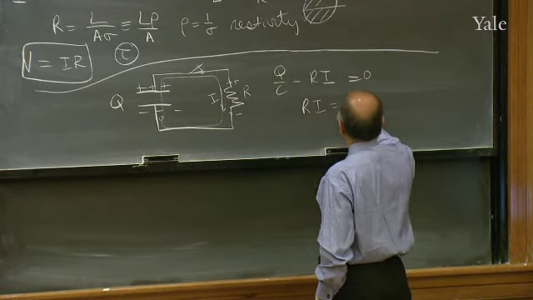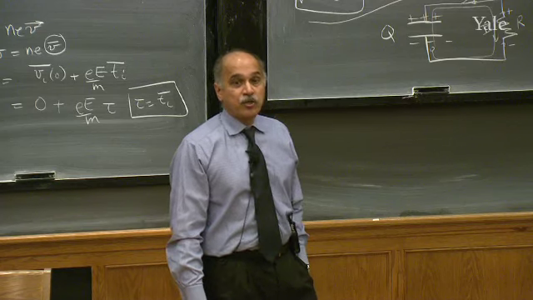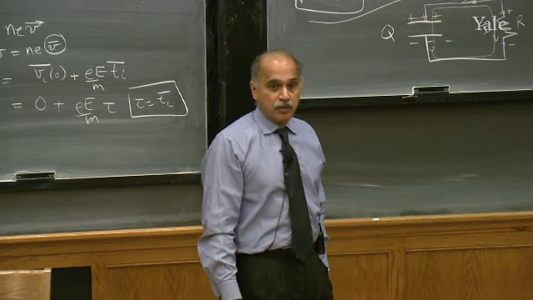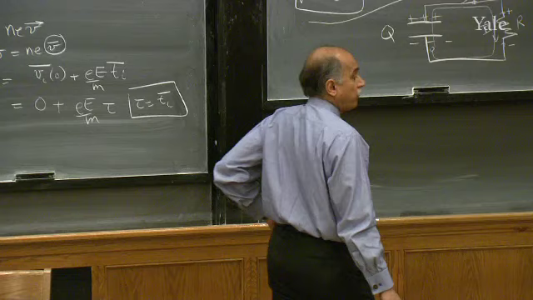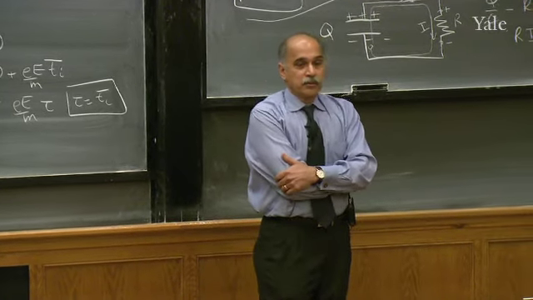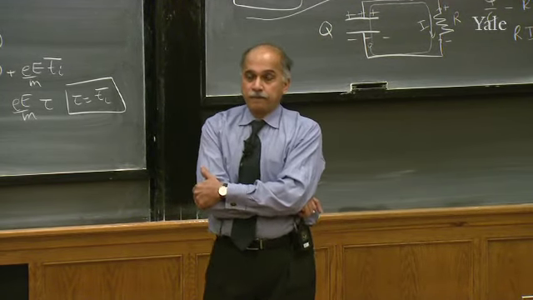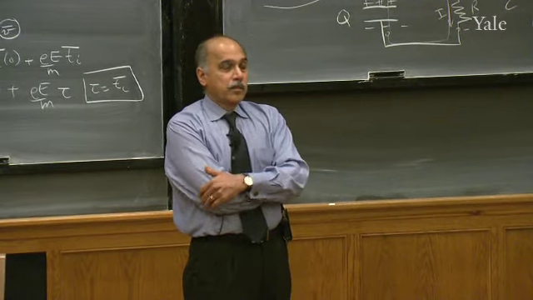But what's the relation between I and Q? Can you find the relation between I and Q? Suppose a current flows for a short time. Who is paying for it, right? Where is the charge coming from?